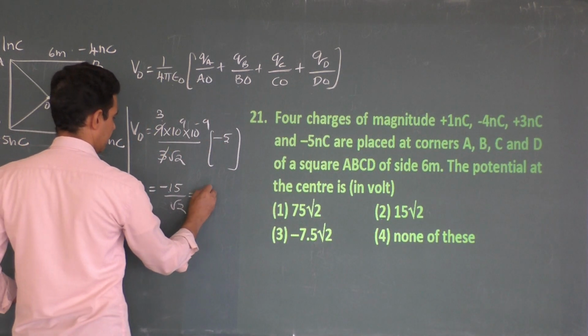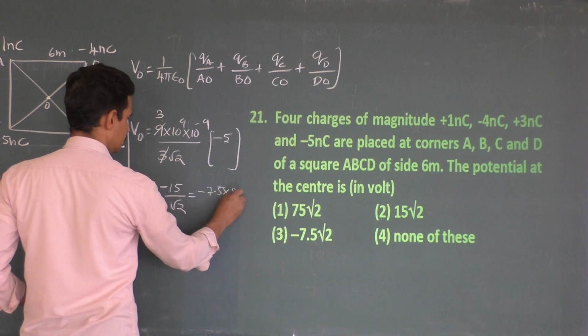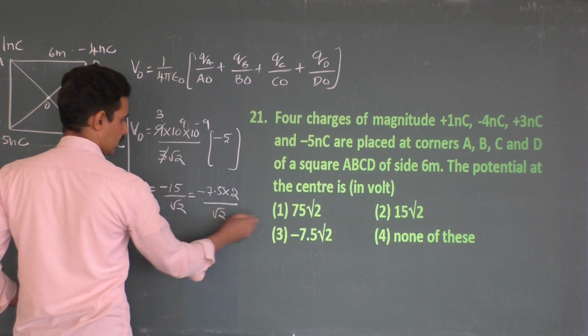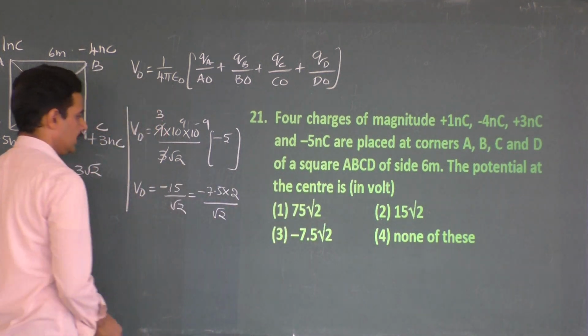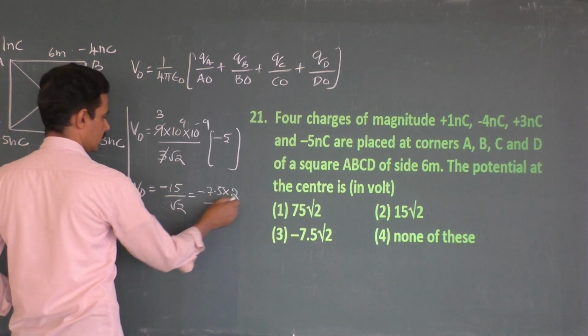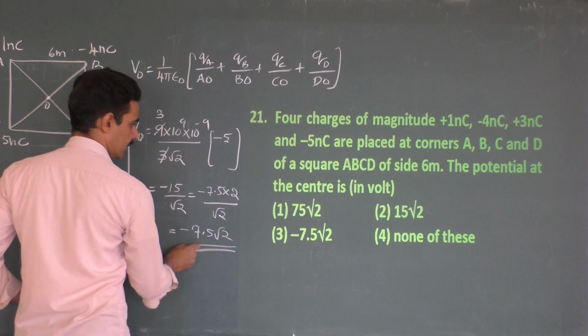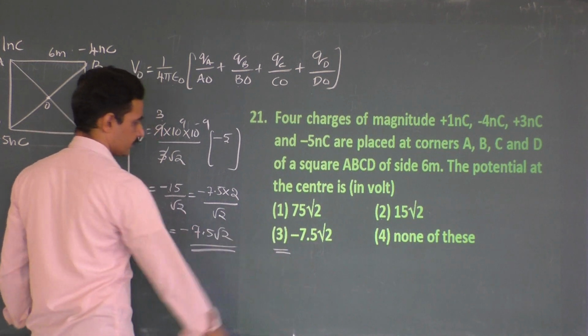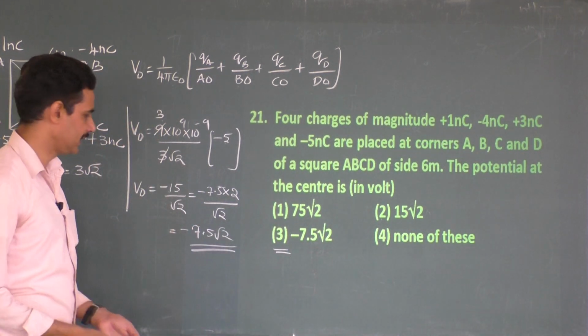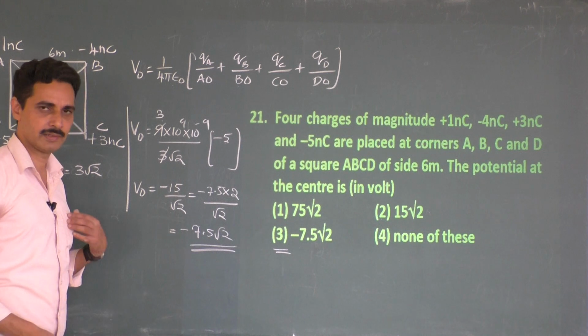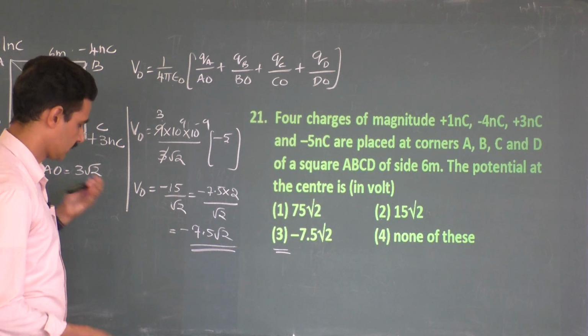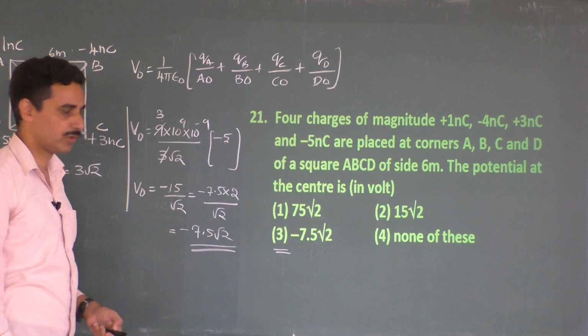Write it as minus 7.5 into 2 divided by root 2, which is root 2 into root 2. So finally it is minus 7.5 root 2. That is the answer, option third. Just simply applying the potential formula and finding the net potential at the center. We will move on to the next one.